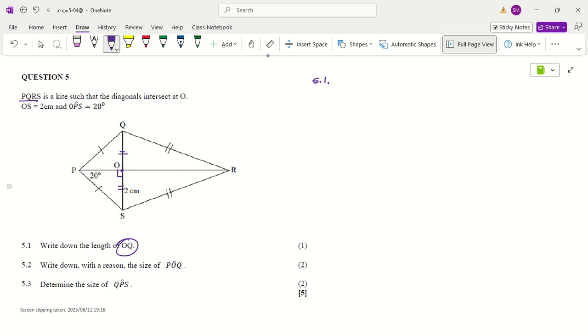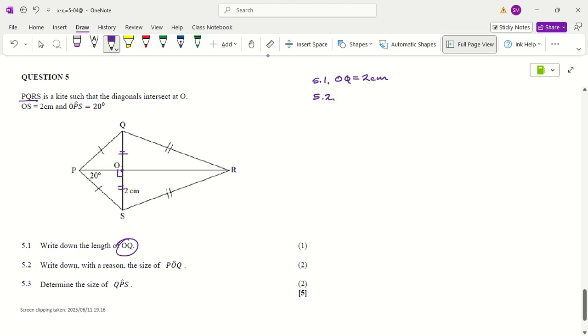That's what we know about the kite. And then it says write down the length of OQ, and if the larger diagonal bisects the smaller one, it would mean that OQ is equal to 2 centimeters because it's equal to OS. Very simple there.